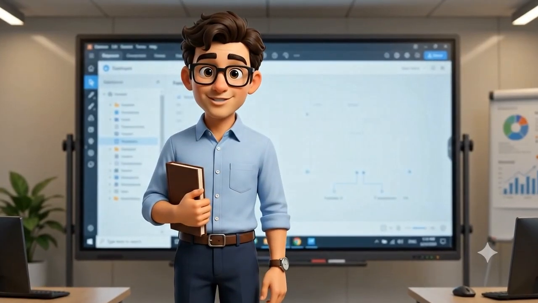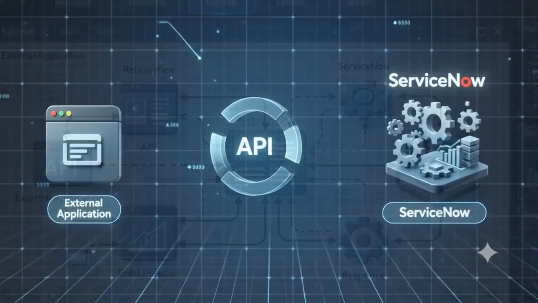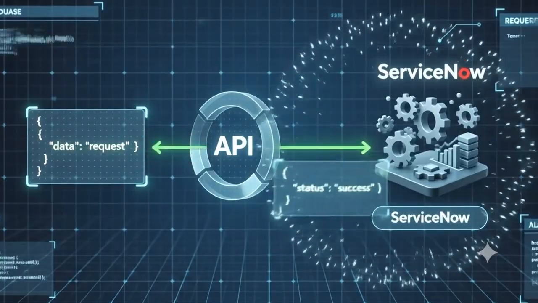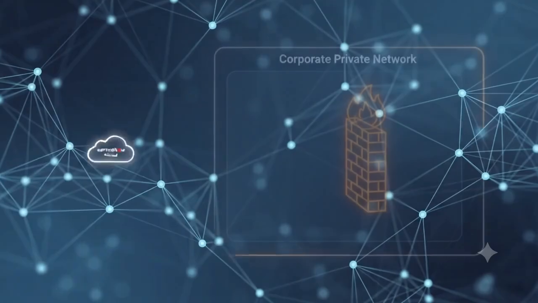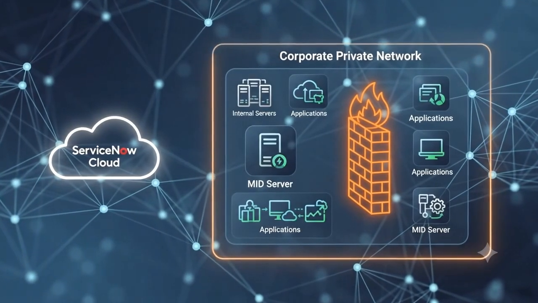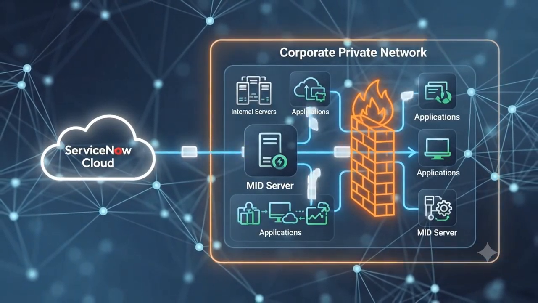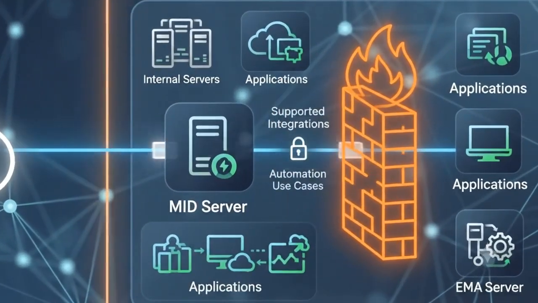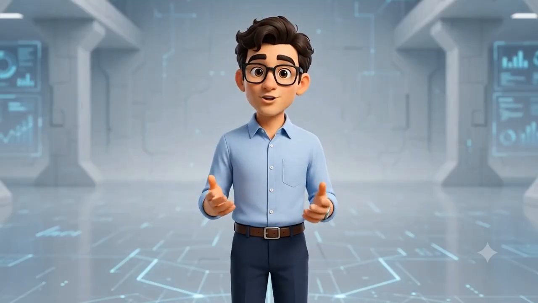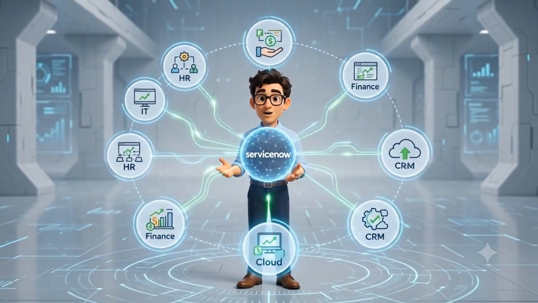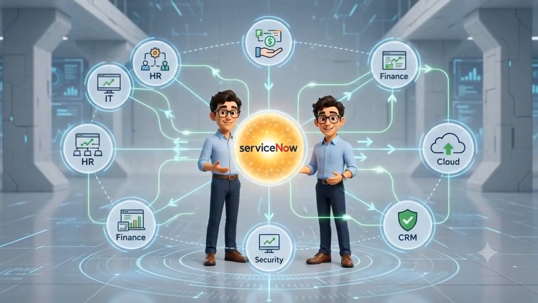APIs allow external systems and ServiceNow to exchange data, triggering actions and keeping information synchronized between platforms. For systems inside a private network, a MID Server can provide a communication path for supported integration and automation use cases. This makes ServiceNow a powerful workflow layer that can connect different enterprise systems and coordinate processes across them.